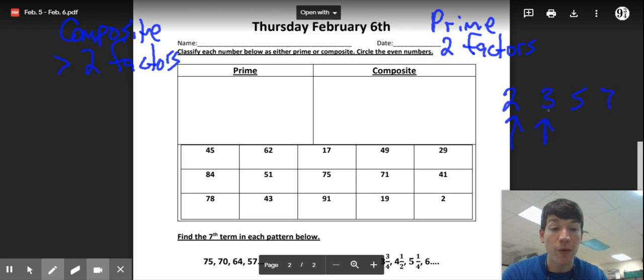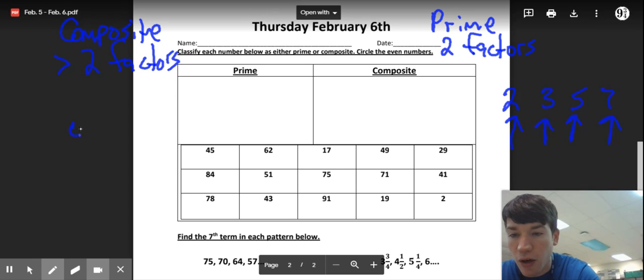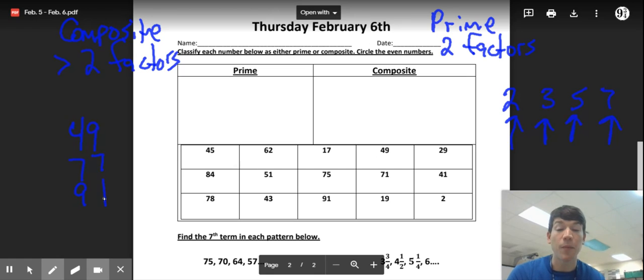For any multiple of 3, if we add the digits together and that's a multiple of 3, then so is the number. Remember, multiples of 5 will end in 5 and 0. And remember, those multiples of 7 were the ones that are not multiples of 2, 3, or 5. And those numbers, I'll write them down over here, are 49, 77, and 91. Those are the trickiest numbers because they're only multiples of 7 and not of 2, 3, or 5. So they're a little harder to identify.